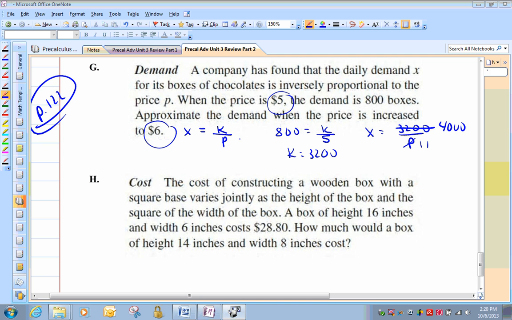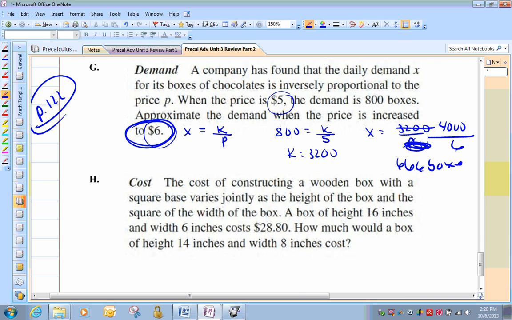It says approximate the demand when the price is increased to $6, not by $6. So we're going to have 6 there. So simply then you would have to do 4,000 divided by 6, which is approximately 666 boxes.